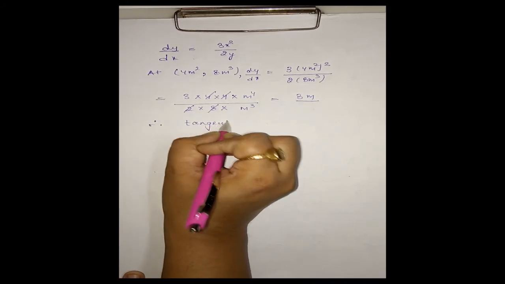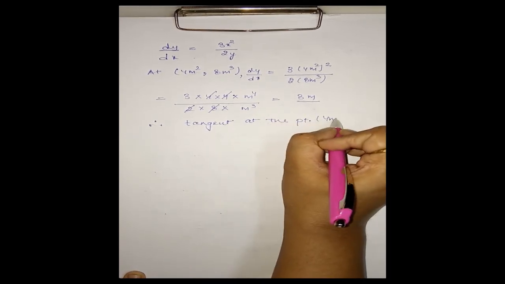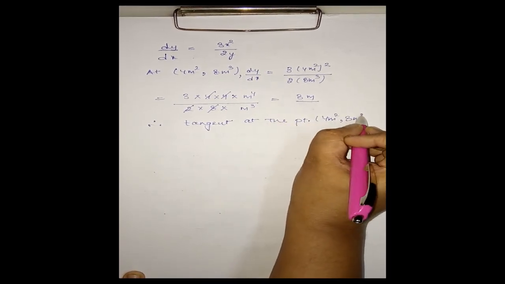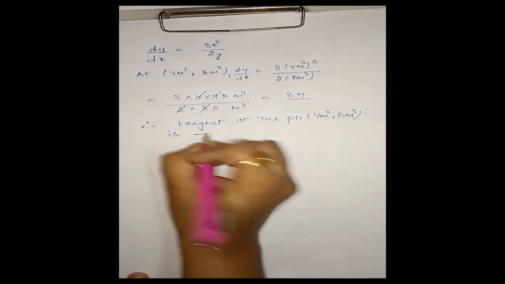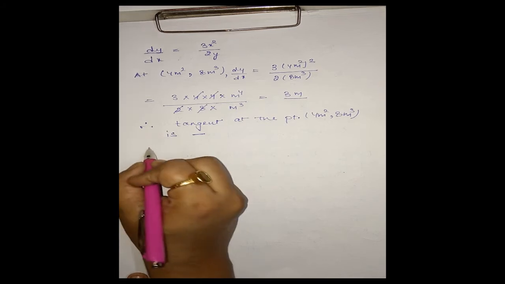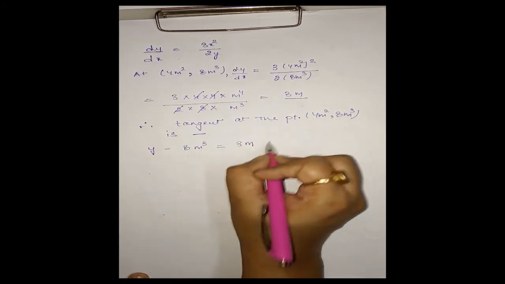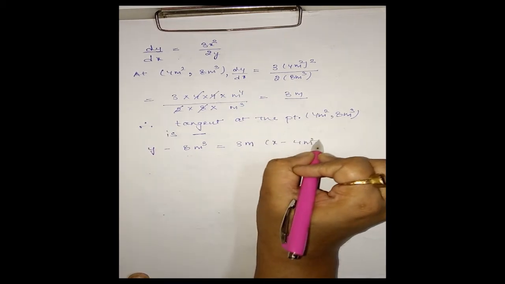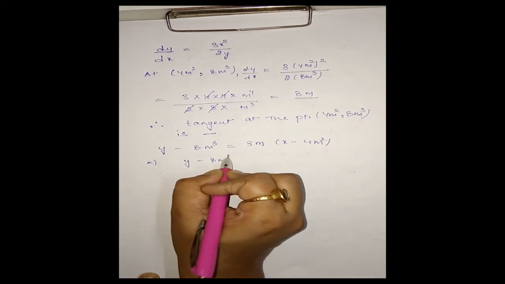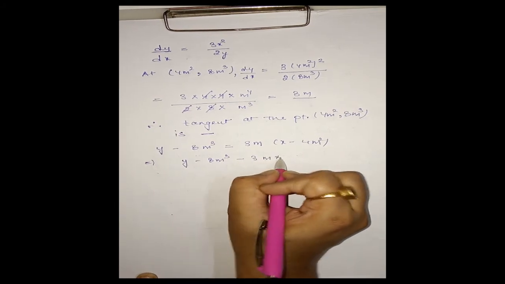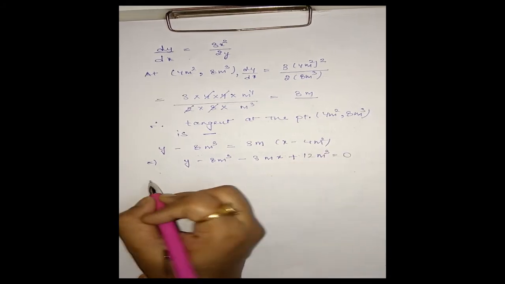Therefore the tangent at the point (4m², 8m³) is given by y − 8m³ = 3m(x − 4m²), that is y − 8m³ − 3mx + 12m³ = 0.